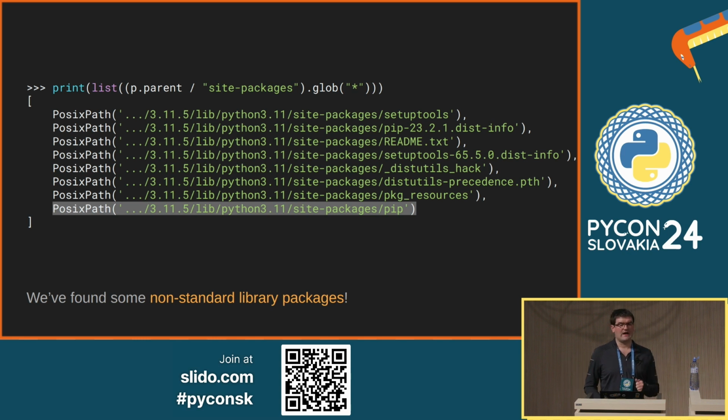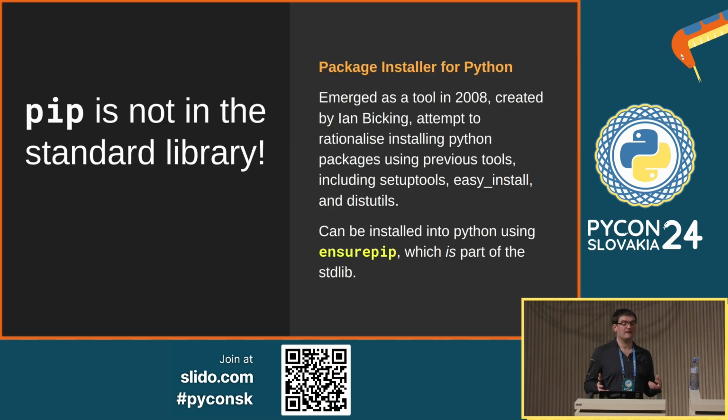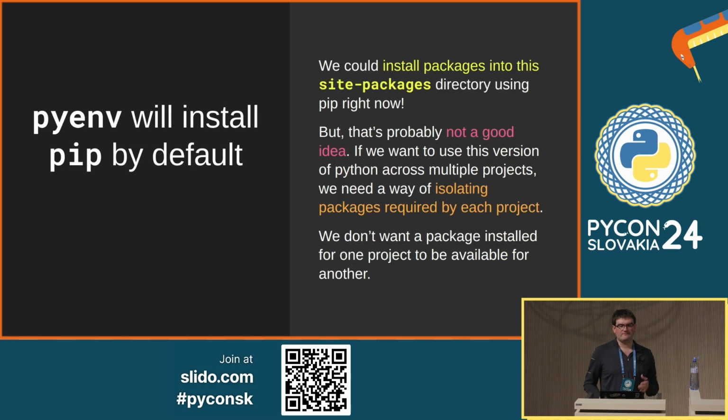And that one there, pip, is something everyone will be familiar with. Pip is not actually in the standard library, but there's a module that is in the standard library called ensurepip, which will install it on your behalf should you wish. And it was created, like we know, by Ian Bicking, one of the really influential people in rationalizing a lot of the Python packaging ecosystem several years ago, or a long time ago now.